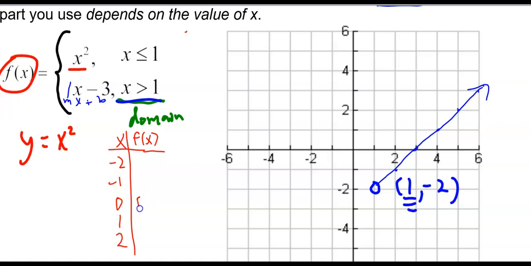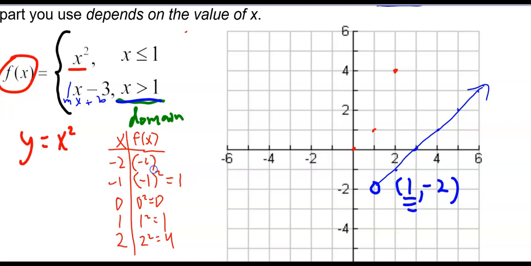If I plug in 0, 0 squared is 0, so that's the point 0, 0. If I plug in 1, 1 squared is 1, that's the point 1, 1. 2 squared is 4, so 2, 4 is a point right up there. Be careful here, plug in with parentheses, so I'm squaring a -1. -1 times -1 is positive 1.